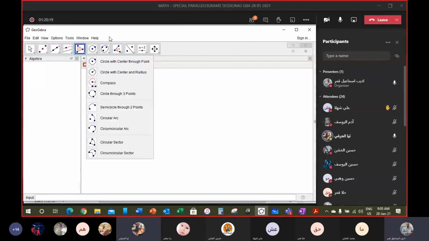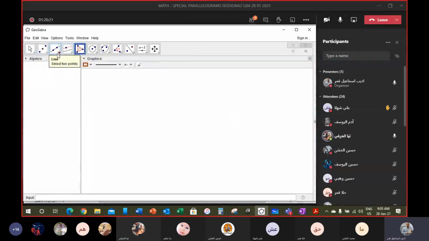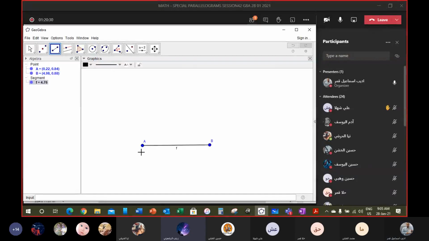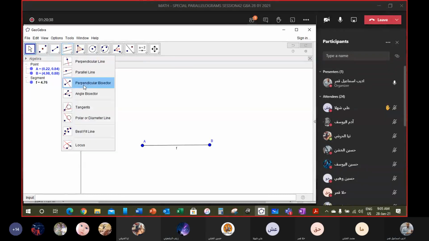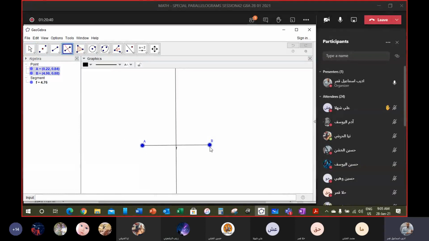Yes. So how do we draw an isosceles triangle? We take a segment and we draw its perpendicular bisector. We draw the perpendicular bisector of segment AB.